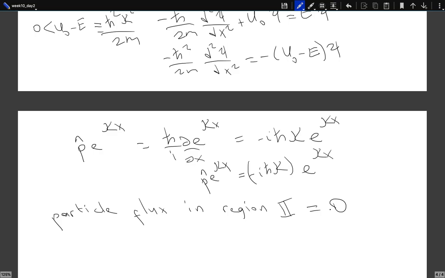Does that mean the particle goes from region 1 to region 3 without necessarily passing through region 2? You see, you are still imagining, oh, I have this particle, let me just follow that particle. Position doesn't exist.